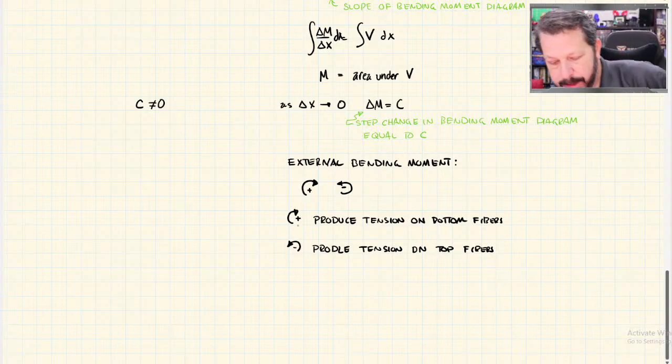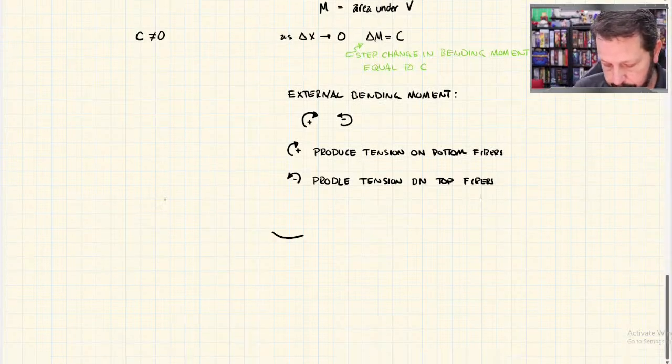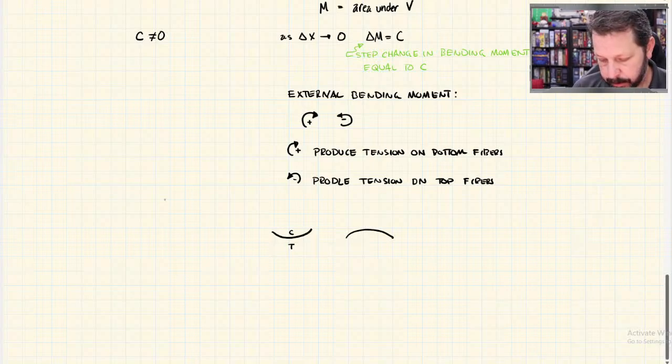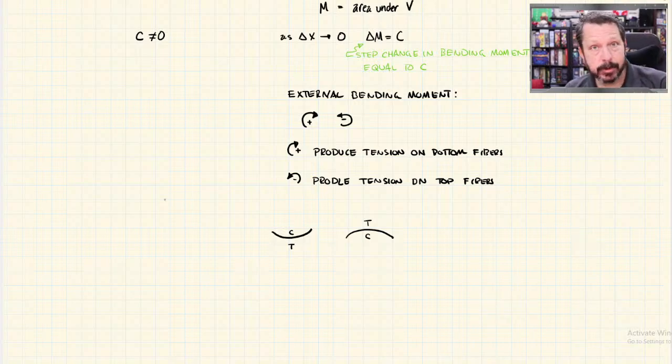So how you remember that is, tension on the bottom fibers is this kind of shape. I've got tension here and compression here, and tension on the top would mean it's bending this way. So got tension on the top, compression on the bottom of the beam, because remember when a beam flexes, every section has both tension and compression on it, and zero. The neutral axis has zero stress.